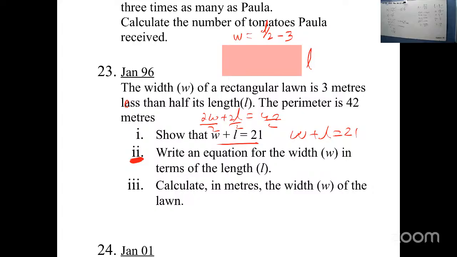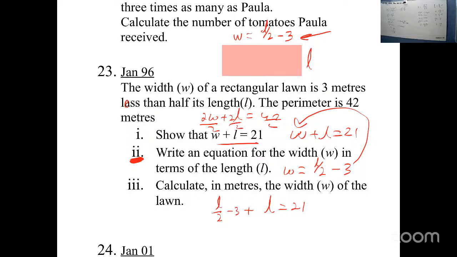Write an equation for width in terms of length. So W is what? Right here, I wrote it already. W is L over 2 minus 3. And then substitute W in here and you're done. You'll get L over 2 minus 3 plus L is 21.